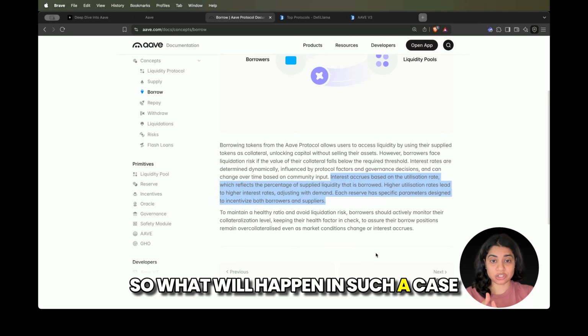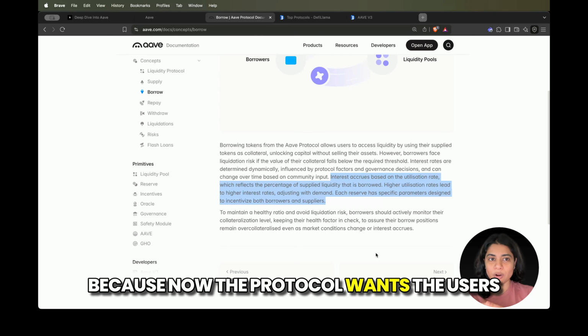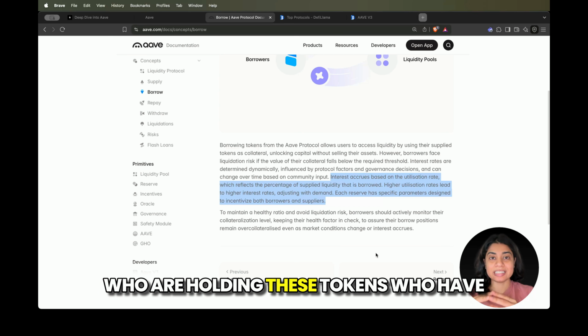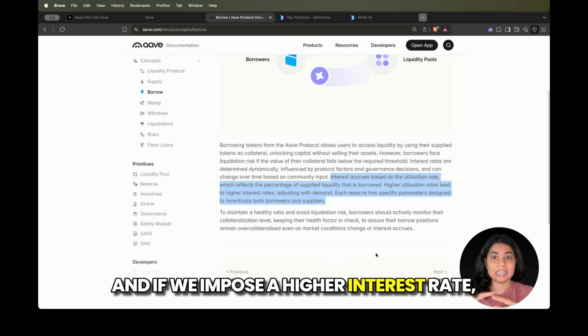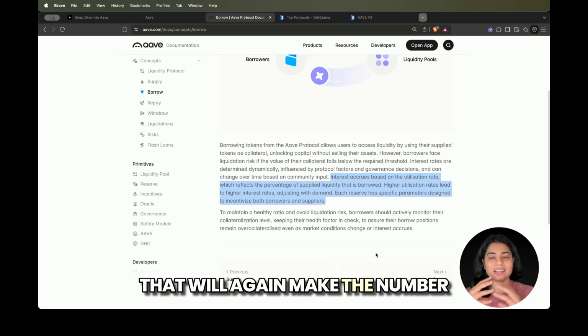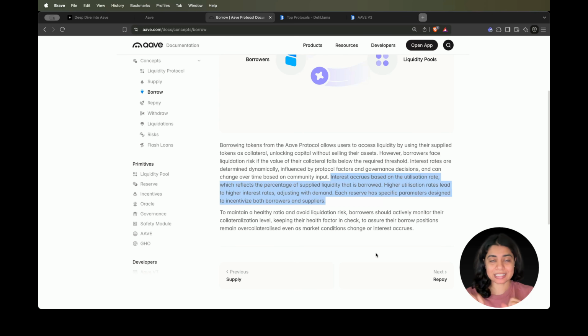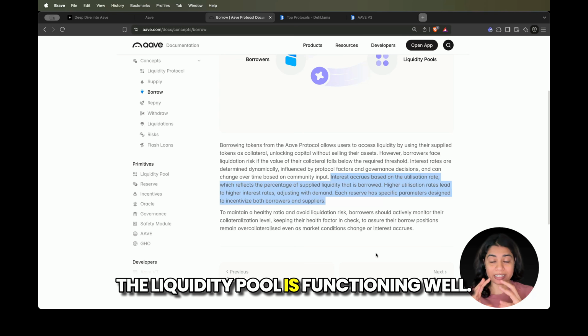What will happen in such a case is the interest rate will increase, because now the protocol wants users who are holding these tokens, who have taken loans, to pay back the tokens. And if we impose a higher interest rate, people would want to close their loans. That will again make the number of tokens in the pool increase. So it's basically adjusting the demand in such a scenario to ensure that the liquidity pool is functioning well.